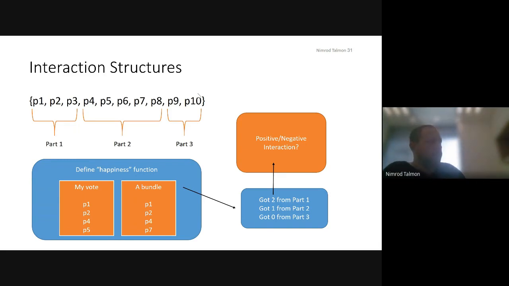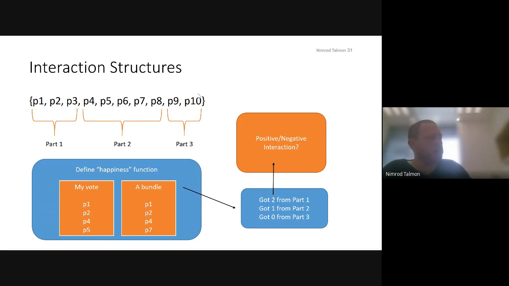And now, putting this more generally, we can define a function for each one of the parts, which could be superlinear or sublinear, and could correspond to the utility that voters get from the specific number of projects funded from each one of the parts. And now the question is whether we can maximize the total happiness that voters have from bundles of this instance, where the utility of the voters is defined using these interaction functions.